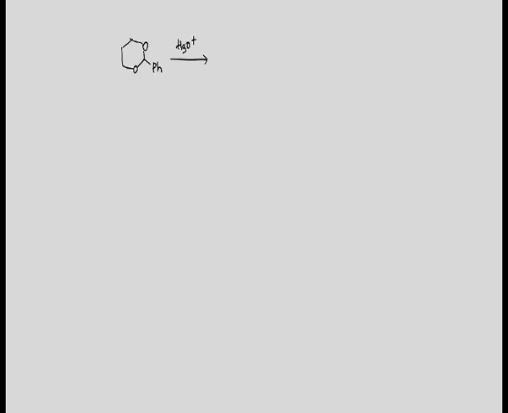So, here if you put acid, H plus, what happens? One oxygen will be protonated, and once the oxygen is protonated, this will open. So, you get an oxonium ion here, which now water will attack.